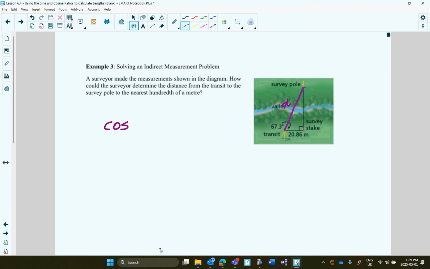What comes after cos? 67.3 degrees. Equals. What comes after that? 20.86 over D. Excellent. See if you can solve from there.